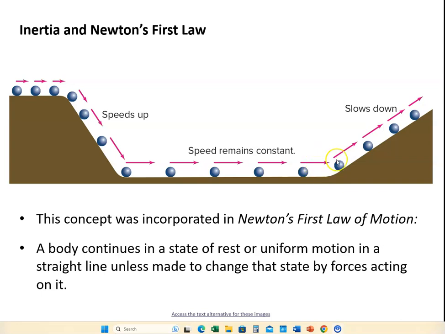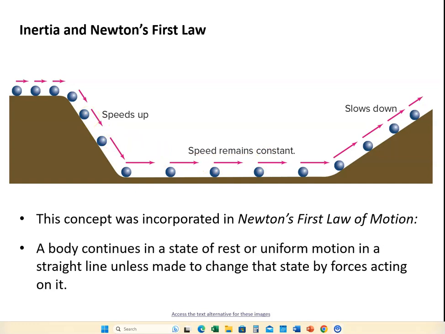One of the big things that Galileo realizes is that if the ball stops on the other side, like right here where I have the mouse, it'll roll back to the same height as long as there was no friction.